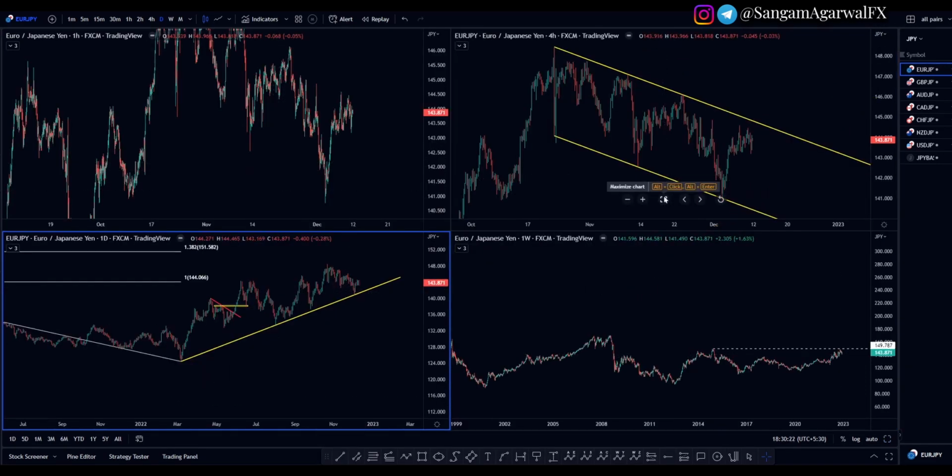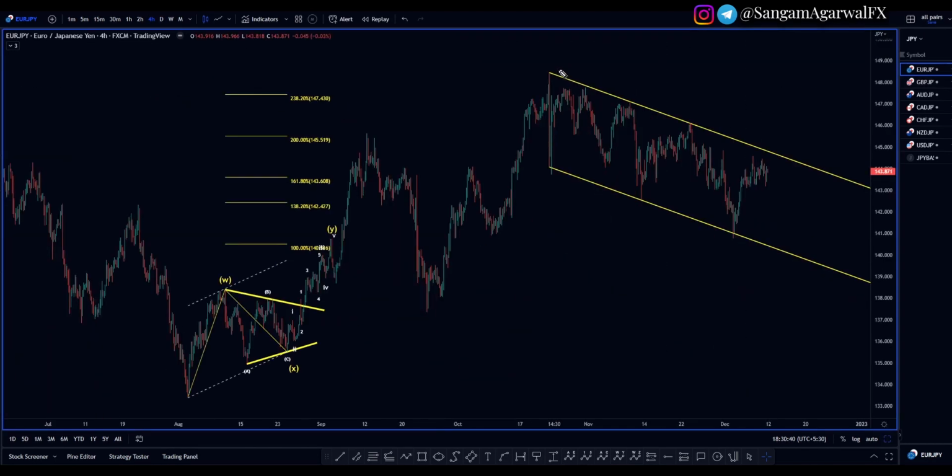And if we switch to the H4 time frame for more clarity, then we have this parallel channel on H4 and price is testing the lower and upper trend line multiple times.